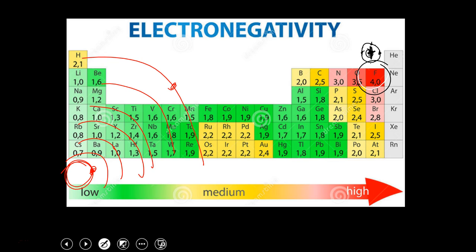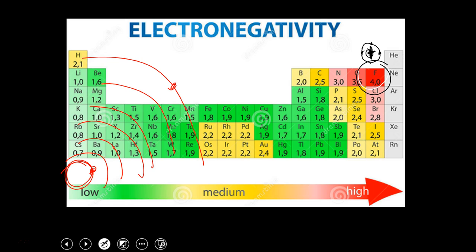It's like, don't give me any. I've got one, and will somebody please take it? It just wants to lose it. So if it's got a high ionization energy, it probably has a low electronegativity. I think they're inversely related. And if it has a low ionization energy, it's going to have high electronegativity.